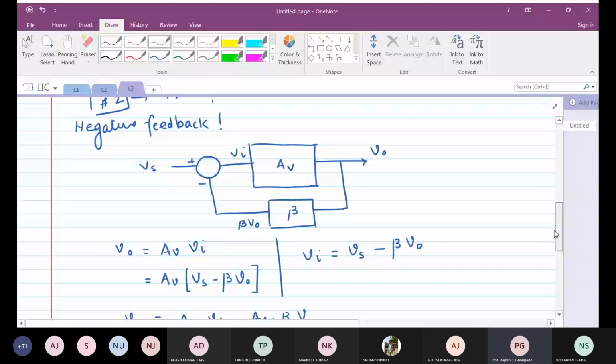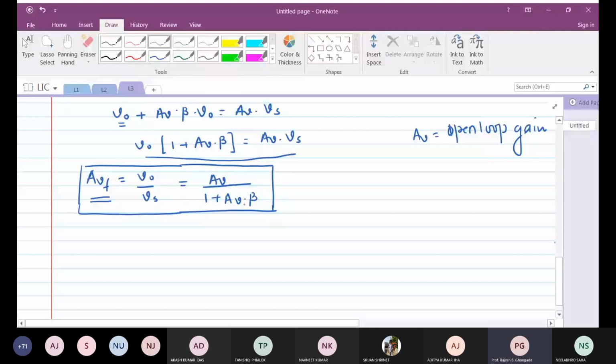Now, interesting thing. Don't lose sight of the big picture. Why are we doing this? So that a variation in AV will not affect AVF. And variation in AV is bound to be there. And we don't want AVF to change much or change at all, as a matter of fact. So, when will that be possible?